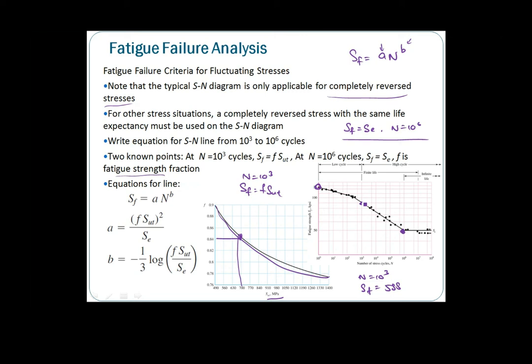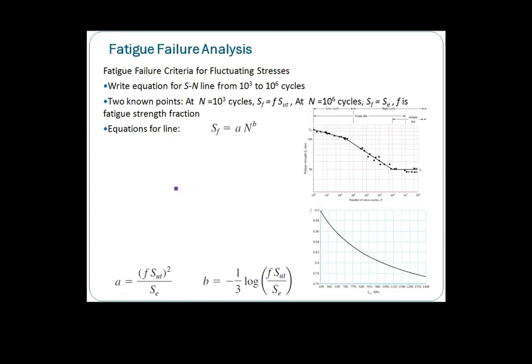So that is two relationships that we can build from this particular SN curve to determine the unknown A and B. We have two unknowns, so we need two conditions. Let me show you from here.